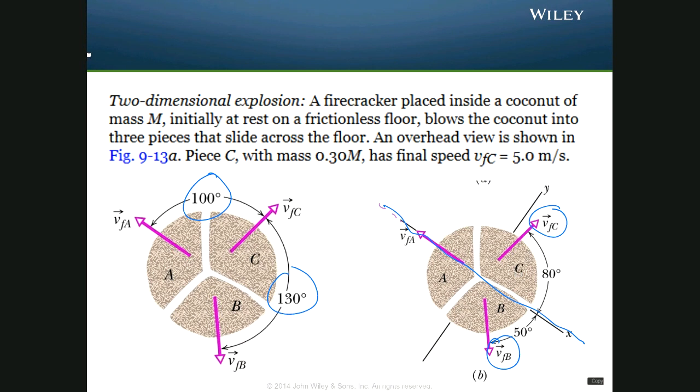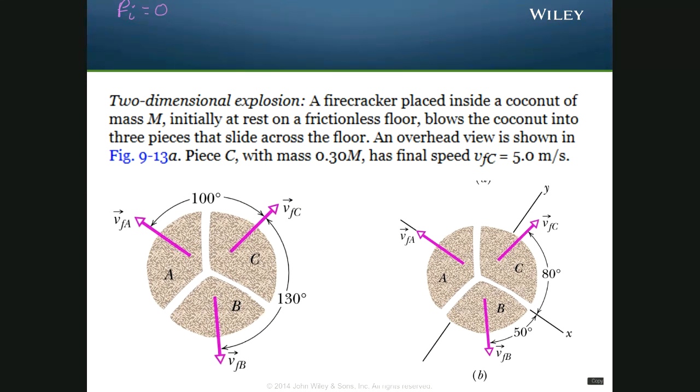Let's look at the momentum in the y direction. So we know that, oh, wait a minute, let me change colors. I'm going to work up here. So we know that P initial, right, is going to equal 0.